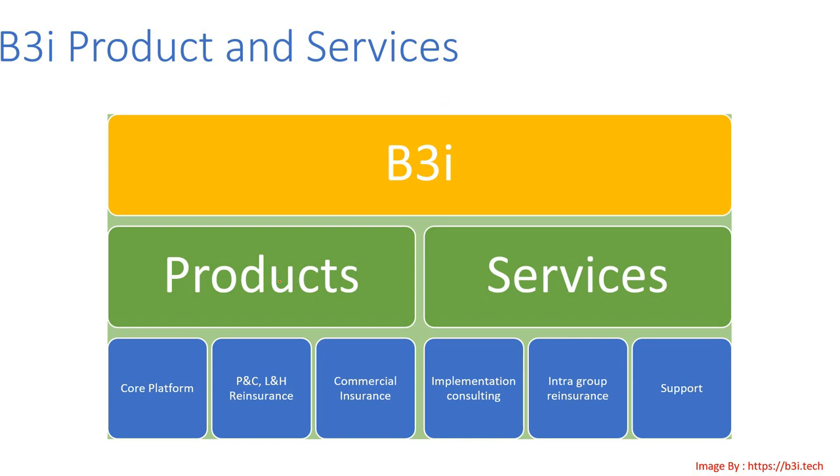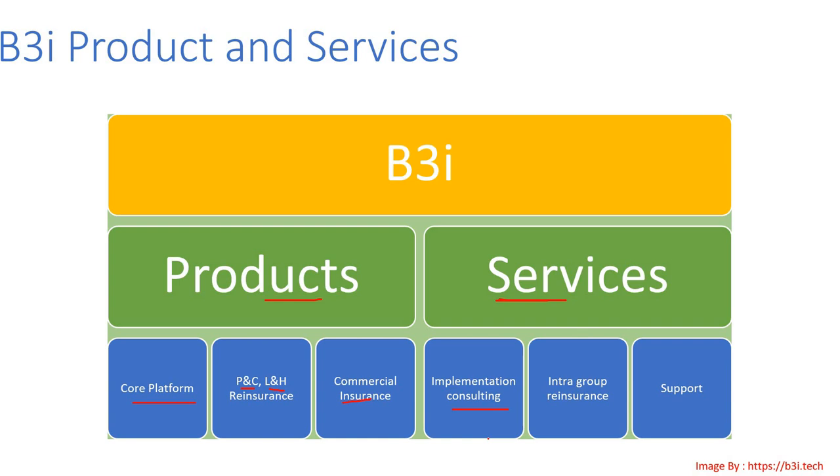B3i has divided their entire spectrum into products and services. Under the product, they are developing their core platform. In future, they are going to have a product platform for P&C and life and health reinsurance, and they are also going to have a product targeting commercial insurance. On the service front, they are establishing themselves as implementation consultants.